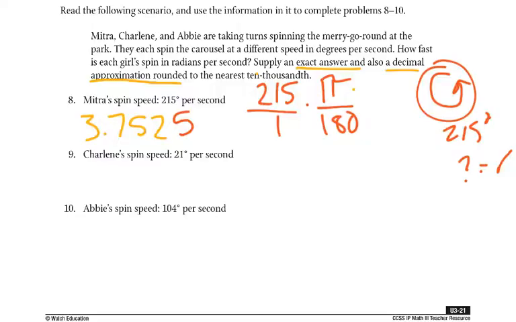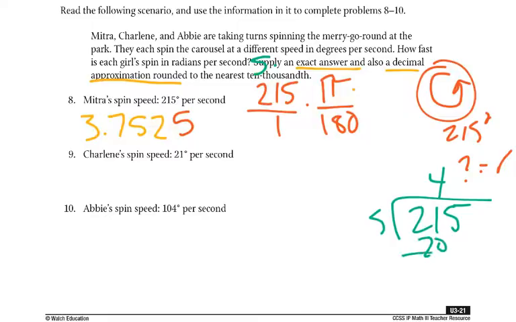So to do it exact, I think like this. Well, 215 would be 5 times what? 43 maybe? 5 goes into 21 4 times. 20 minus, get 15, 3. Yeah, so it would be 5 times 43. 180 would be 5 times 36.